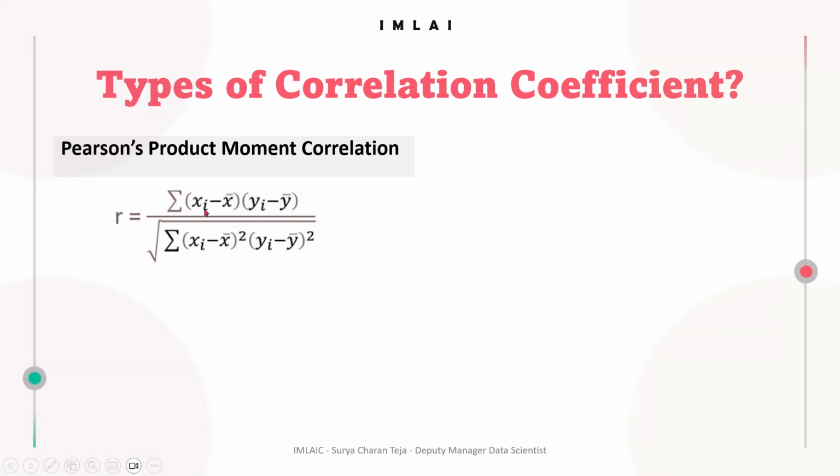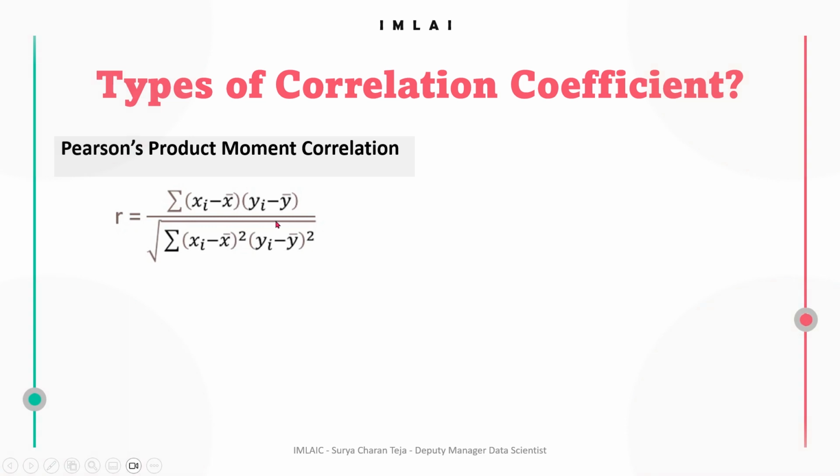So what we will do is we will take the deviation: a sum of products of deviations of both x and y variables. So the summation of the product of deviations of x and y variable data, divided by the square root of the product of the sums of squares of deviations of x and y variables, will give you the Pearson's coefficient.